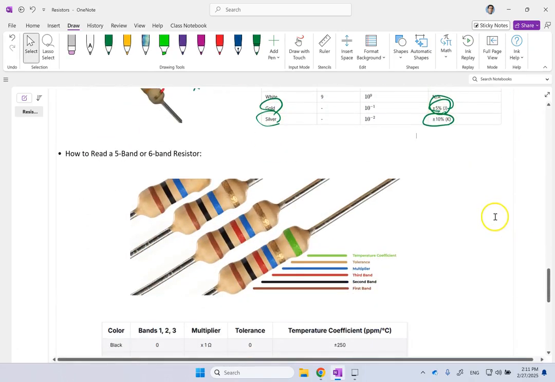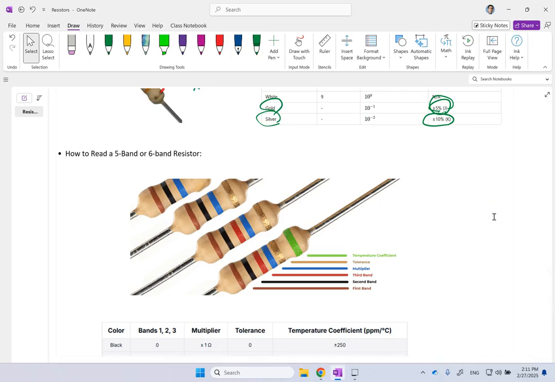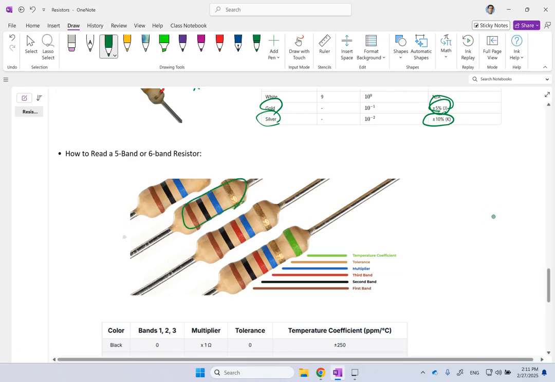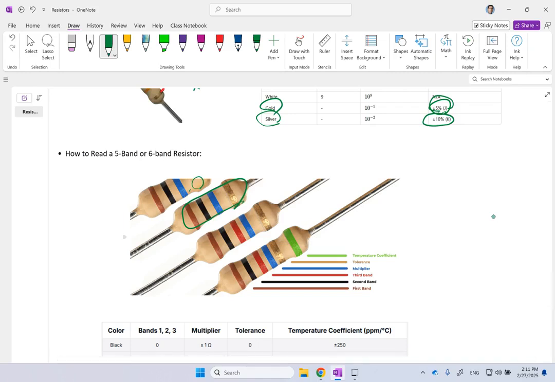Now, sometimes you might have 5 or 6 band resistors. This I did not mention in my previous video. So the one that I just showed you was 4 band. The 3 band does not have a tolerance band. But what is 5 and 6, I'm sorry. Well, that's all it is. If it's 5 and 6, then the first band is the first number, second and third band are second and third number.